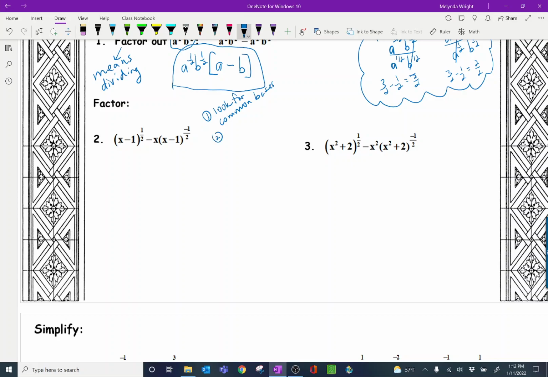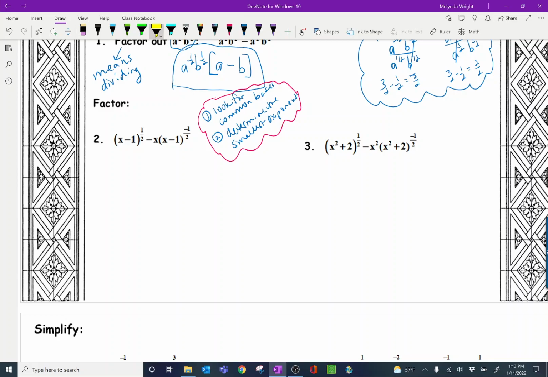And then number 2, once we find the common bases, we will determine the smallest exponent, because that's the one we're going to factor out. We factor out the smallest one. So we're going to look for common bases, and then determine what the smallest exponent is, and that's the one we're going to factor out.